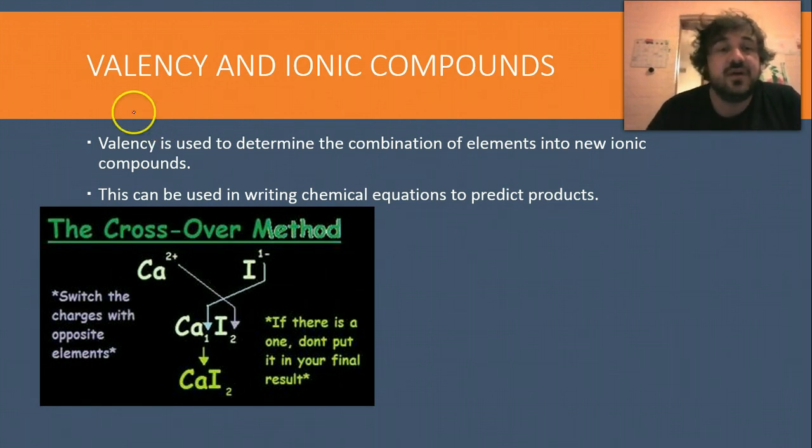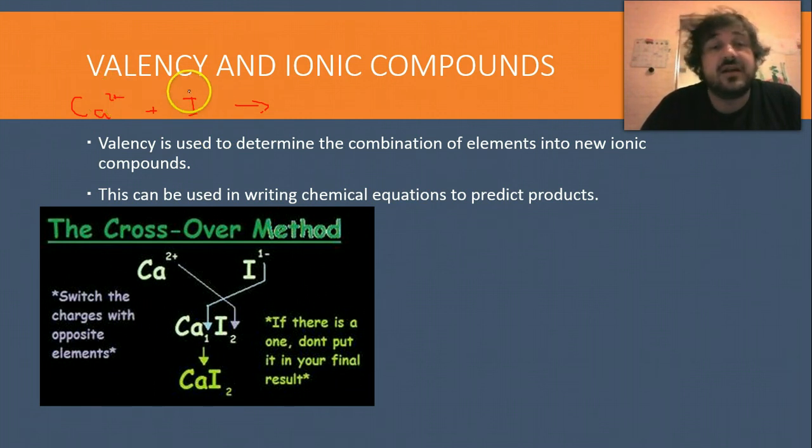If the equation was calcium plus iodine gives us, how do we do it? Well, calcium has a valency of 2+, iodine has a valency of 1-. You don't need to write these in your final product, but we cross it over.